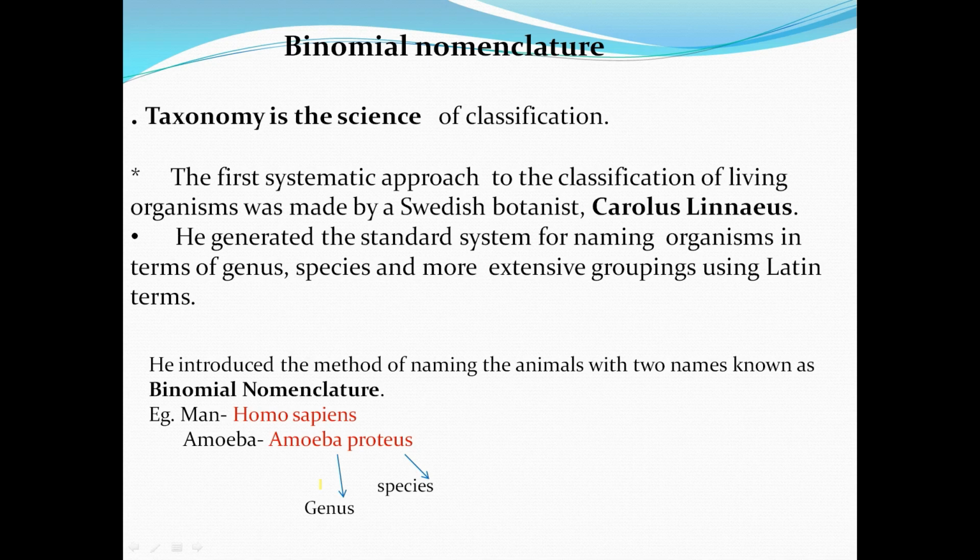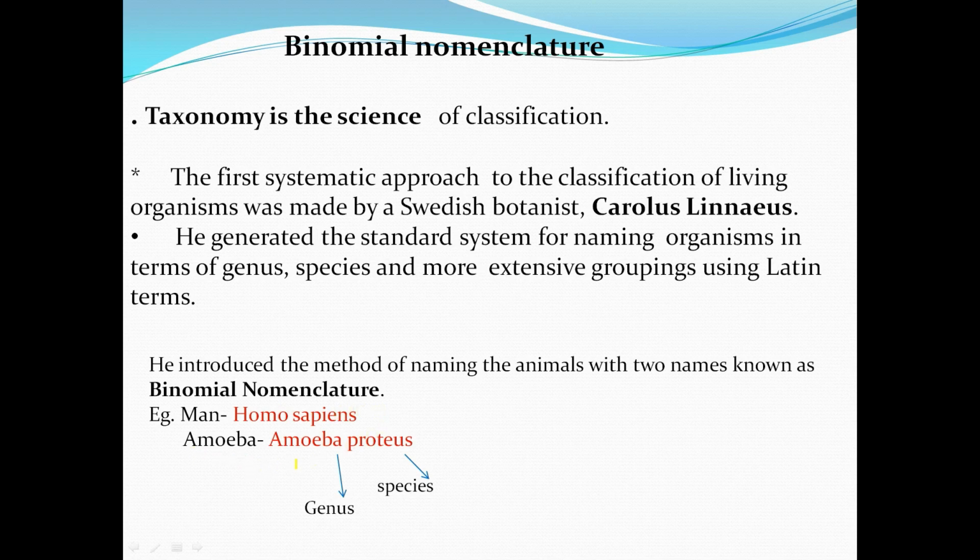He introduced the method of naming an organism with two names, known as binomial nomenclature. For example, for man, the scientific name is Homo sapiens. Homo is the genus name, sapiens is the species name.